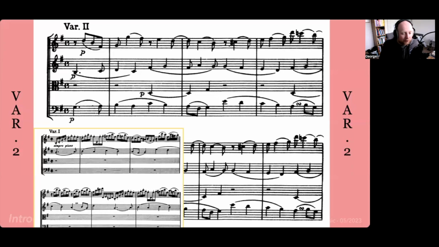That way, he's saving the novel and contrasting sound of the viola and cello for our ears to lunch on in this variation and the following variation.